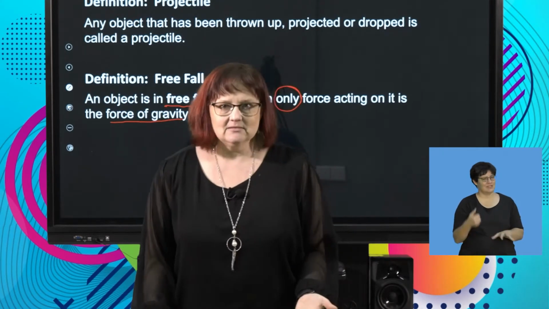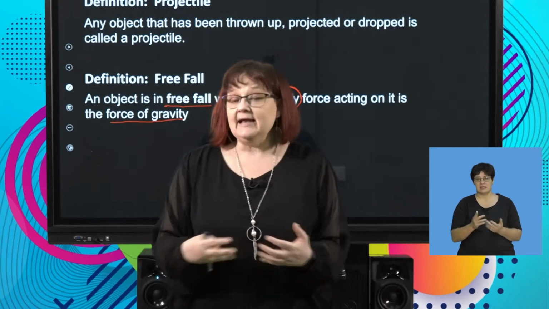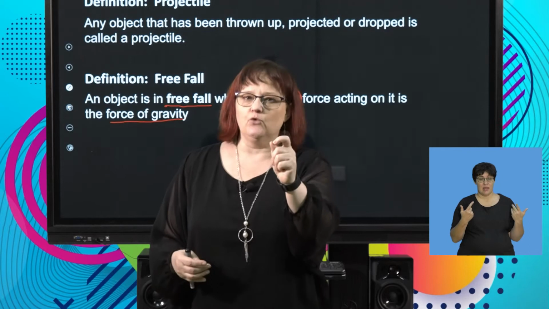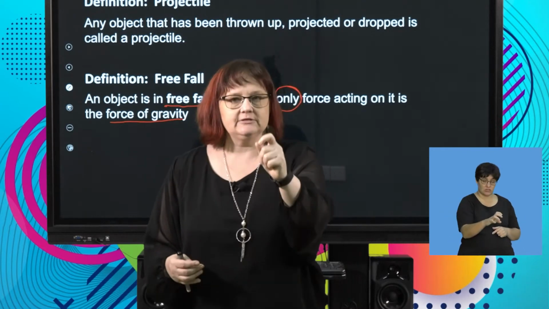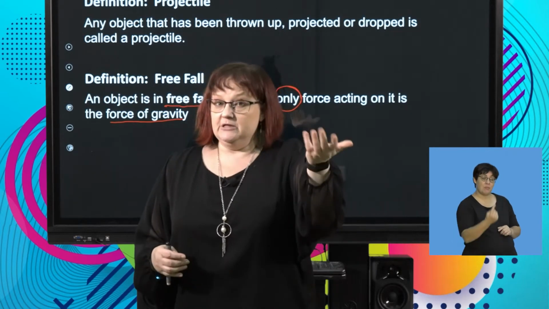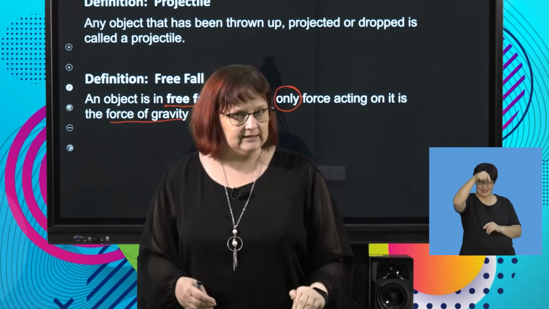Not in science. In science, free fall is exactly what we said. It's any object that's moving through the air, but the only force on it is gravity. So when it's moving up, it's going to be slowing down, and when it's going down, it's speeding up.